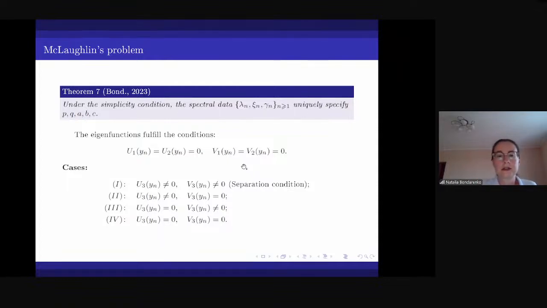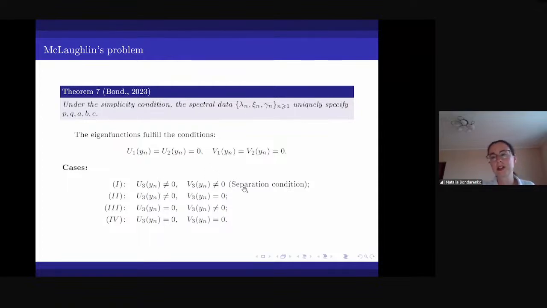And if we substitute y_n into the forms u3 and v3, there are four possible cases. If the separation condition holds, then we always have this first case. For all the eigenvalues, we have this case.